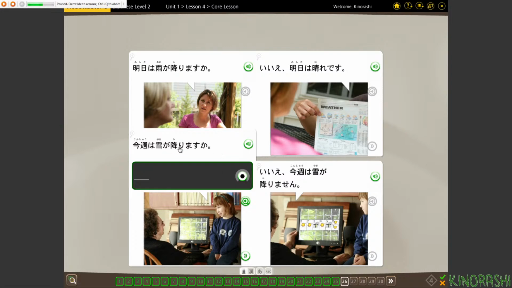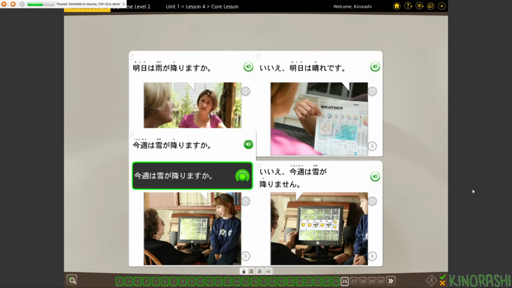I want to point out, notice it's in a polite indicative because we're asking about future events that will occur.